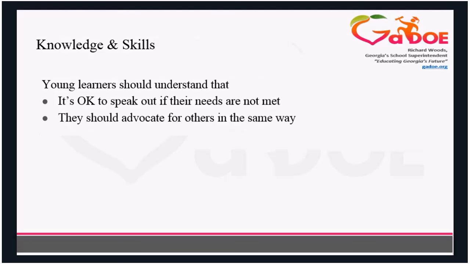It's not easy. So especially on this point, oftentimes what I've seen is that students will speak out on what their needs are, or they advocate for others, and it's around what the classroom rules are, which is great.